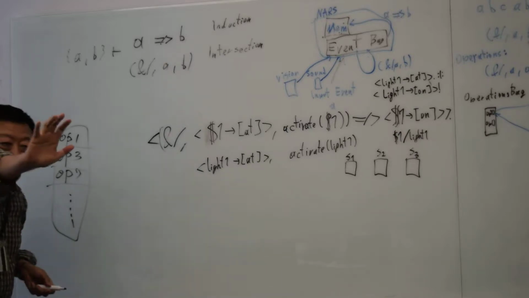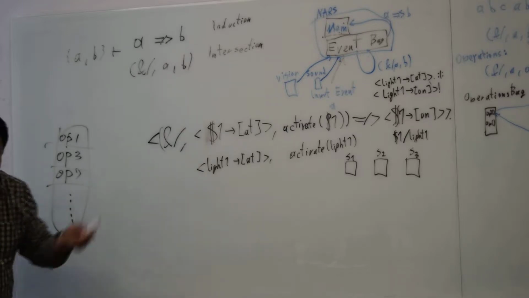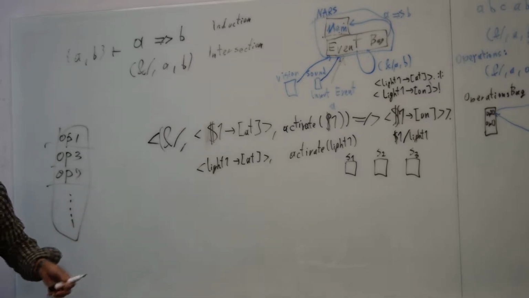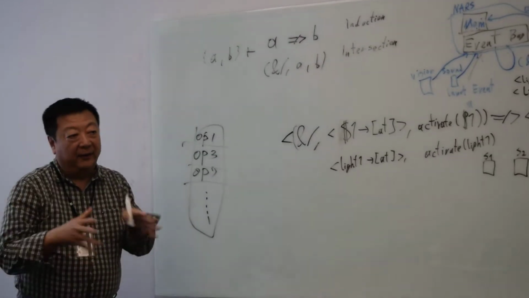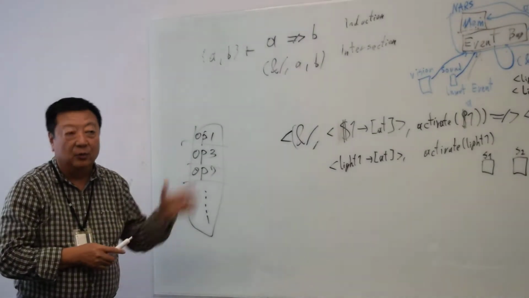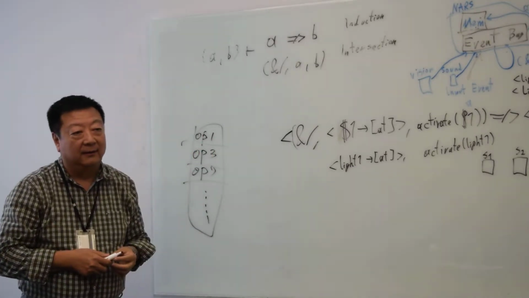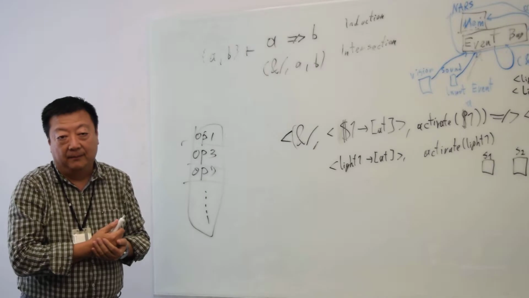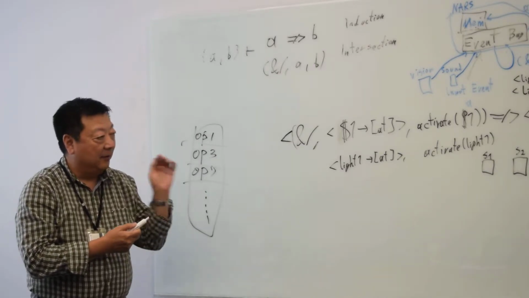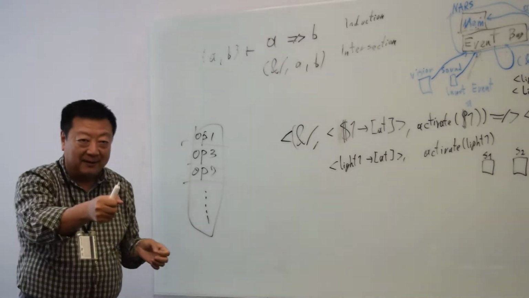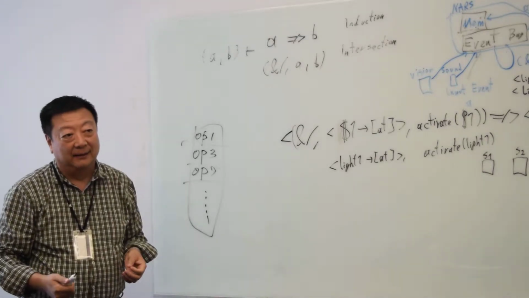Another one moves the arm in this way, and another one moves the arm in this way, another one just moves the leg or whatever. So we don't care about the physical detail. To us, each of them is just an operation that has a name or a sequential number. Okay, we will just say, under condition number 1, if we do operation number 5, we are going to observe result number 7, something like that.